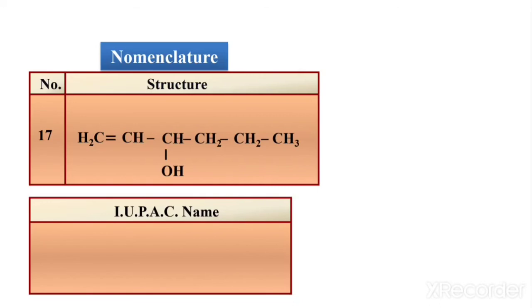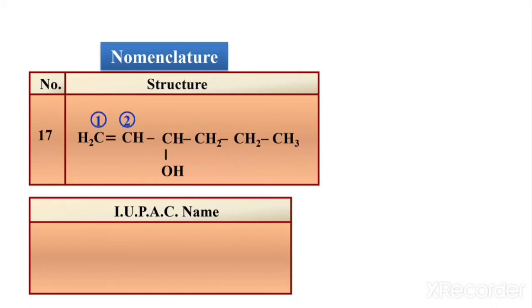Next example, CH2=CH CHOH CH2 CH2 CH3. First giving a numbering, we have to select a longest continuous carbon chain and nearest to the hydroxyl.